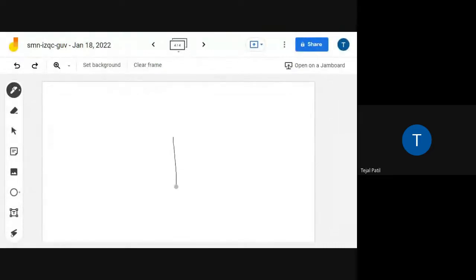Now, let's say we are having a block, and this is the length of the block, let's say dx. This is the area A.